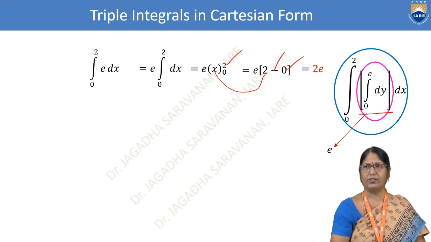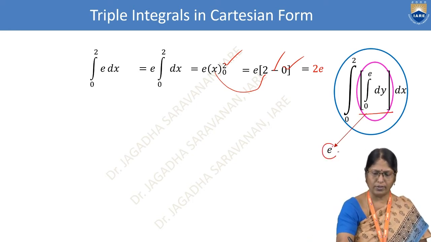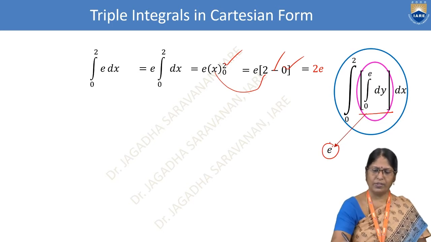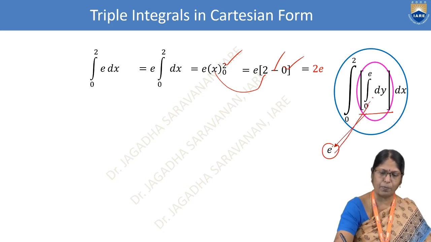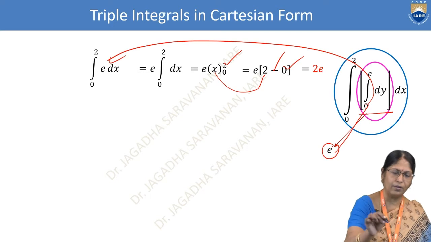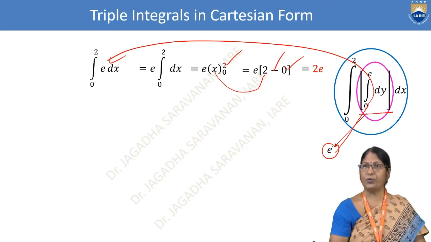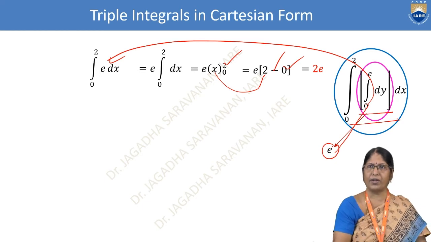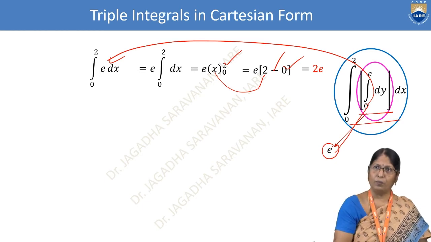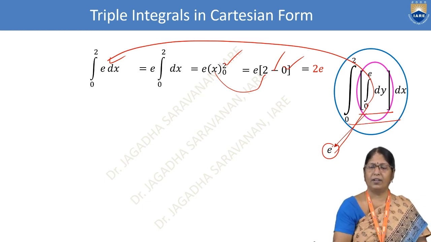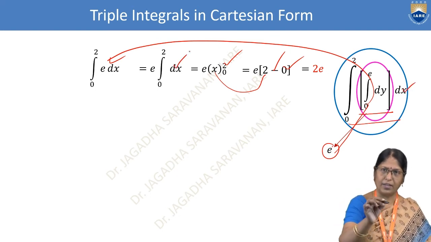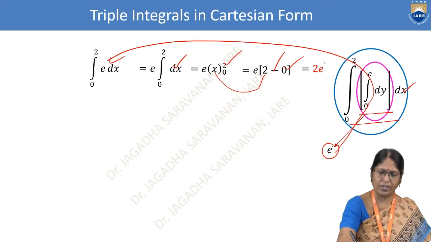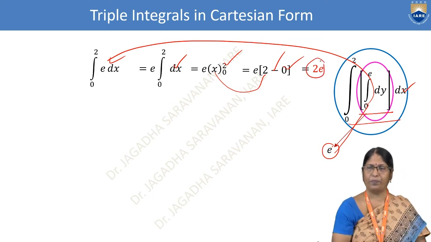We got this result. We substituted it in this particular place, and after substituting, we focused on the middle integration. We integrated with respect to x. Yes, here we got the result 2e.